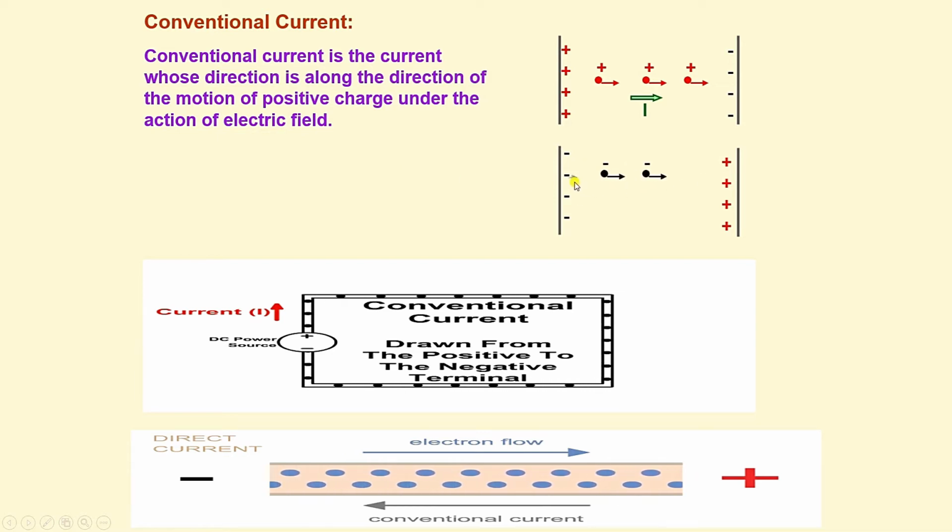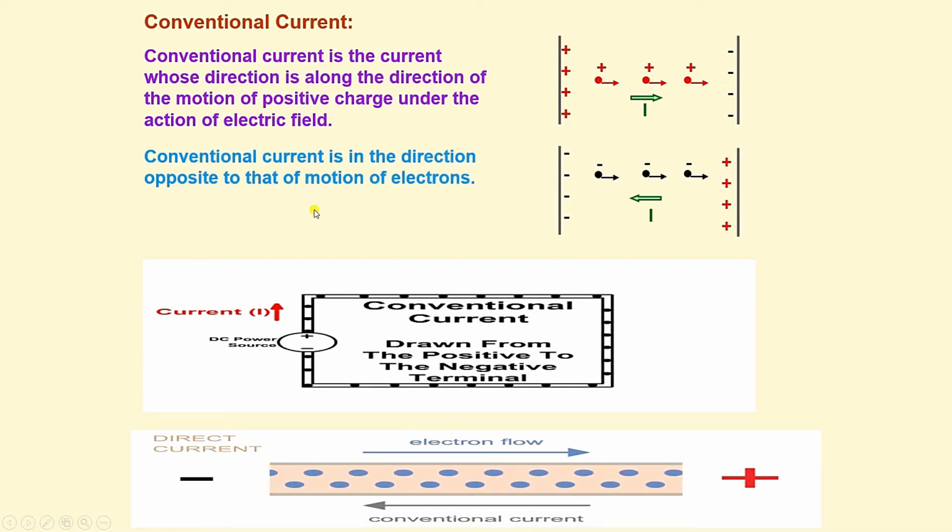Negative charge flows from the negative end to the positive end. The conventional current is in the direction opposite to the motion of the electron. Here, by applying a DC battery, current flows from the positive terminal to the negative terminal, and that is taken as the conventional current.